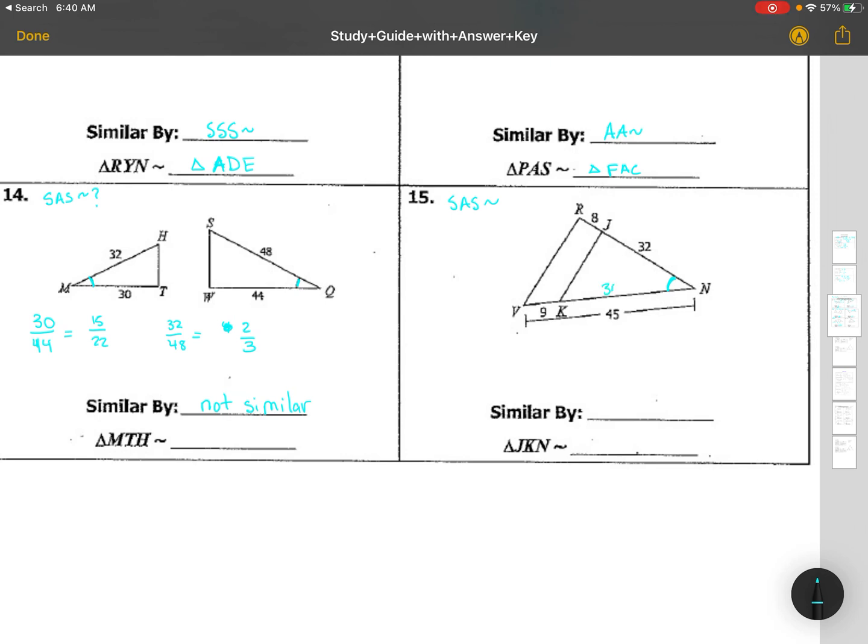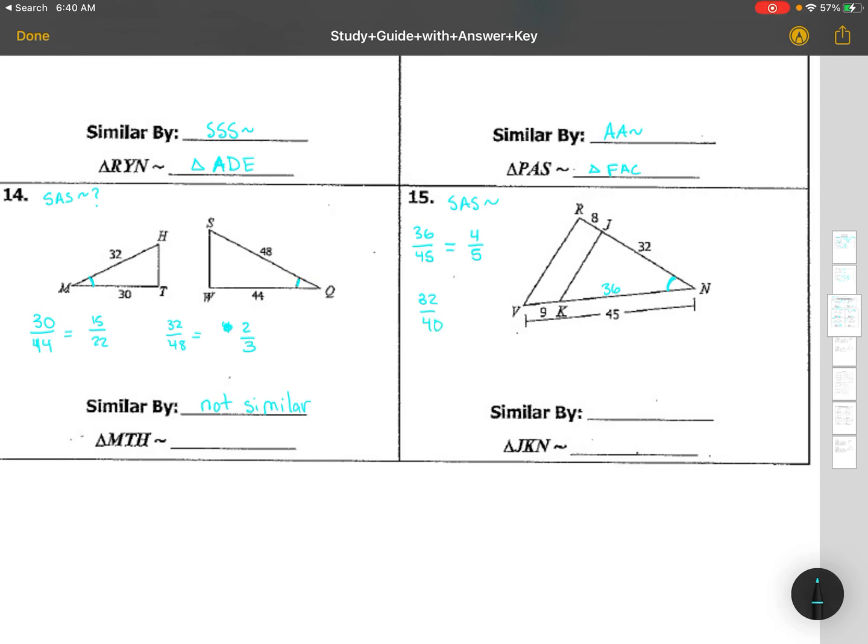Let's see. So KN is 36 because VK is 9 and VN is 45. So the ratios that we need to check are 36 divided by 45. That simplifies, I think we've seen this one. That simplifies to be 4/5.